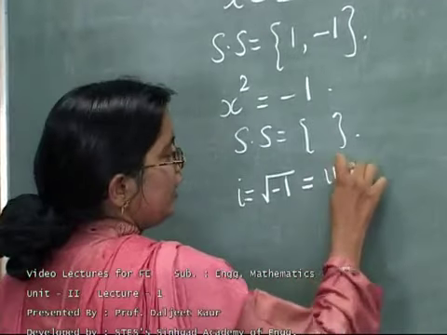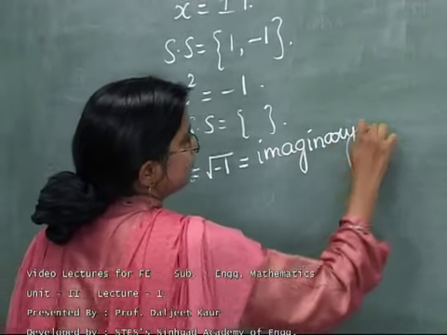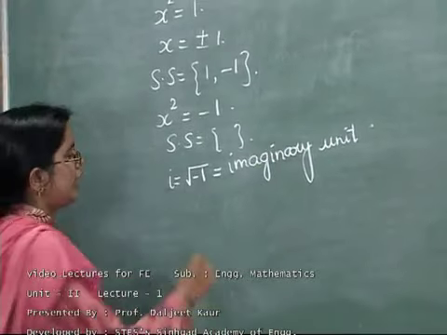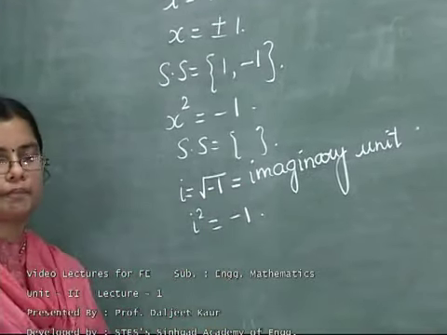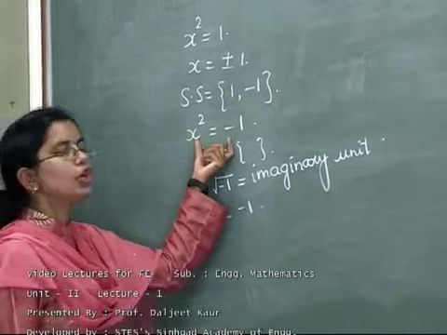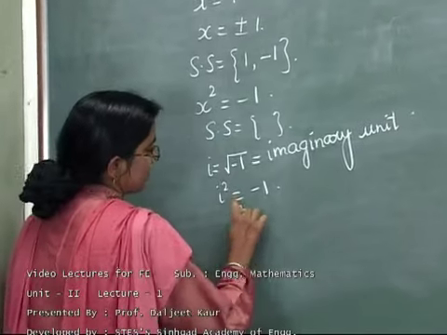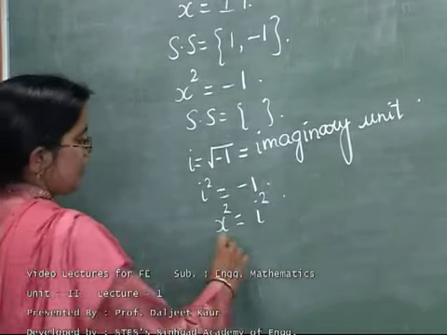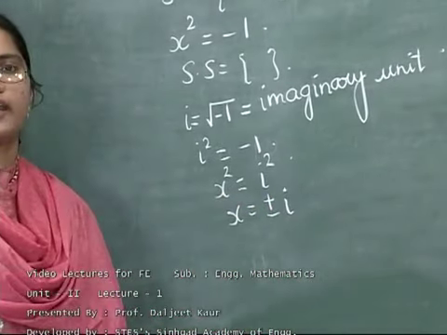What is this i? It is the imaginary unit. So if I square both sides, I'll get i square equal to minus 1. And now if I want to know the solution set of this equation, I will get x square equal to i square. That means my roots are plus minus i.